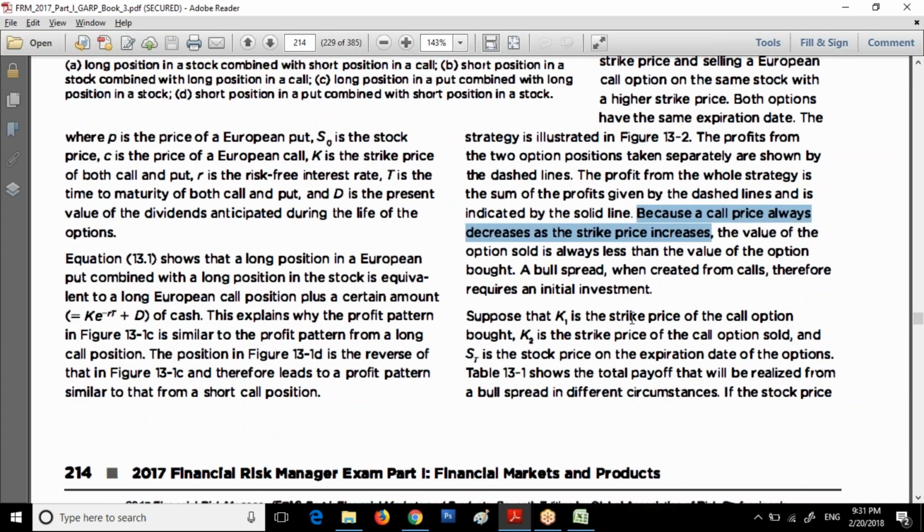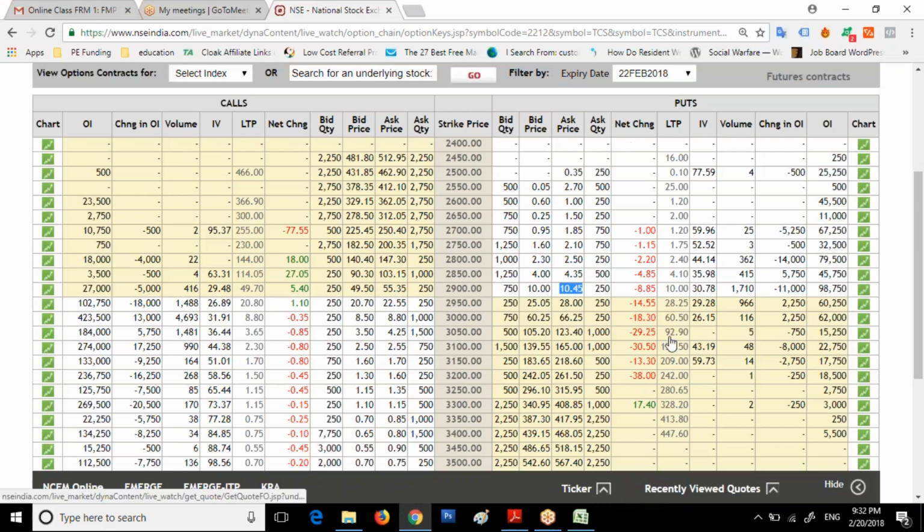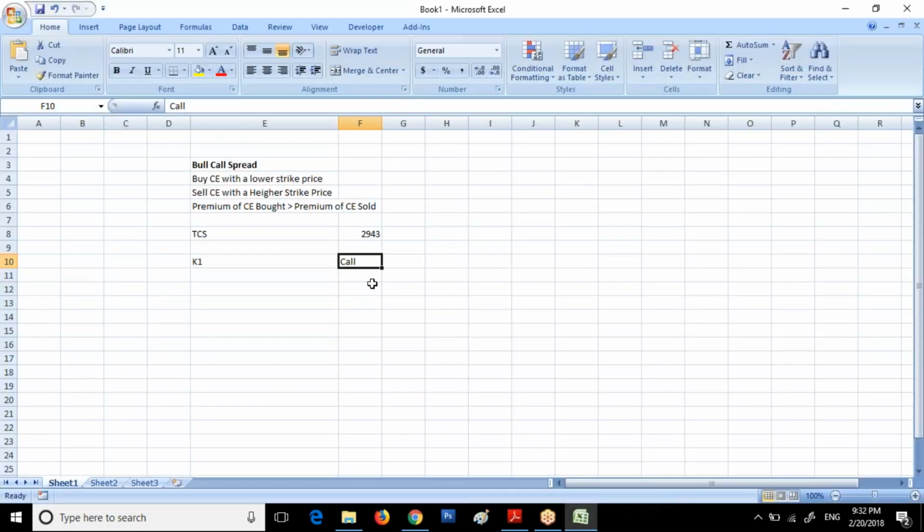Suppose that K1 is the strike price of the call option bought and K2 is the strike price of the call option sold, and ST is the stock price on the expiration of the option. So K1 is the strike price of call option bought. So let's suppose K1 is call buy and K2 is call sell, right?